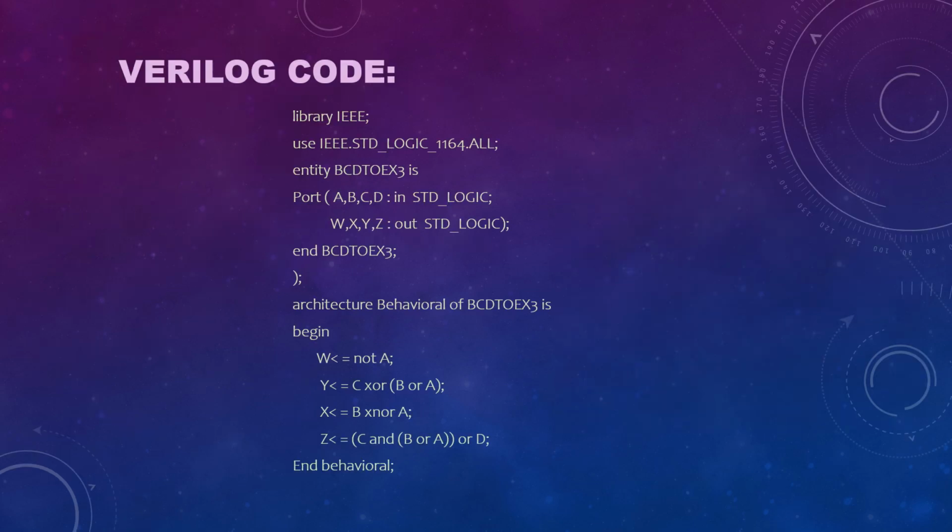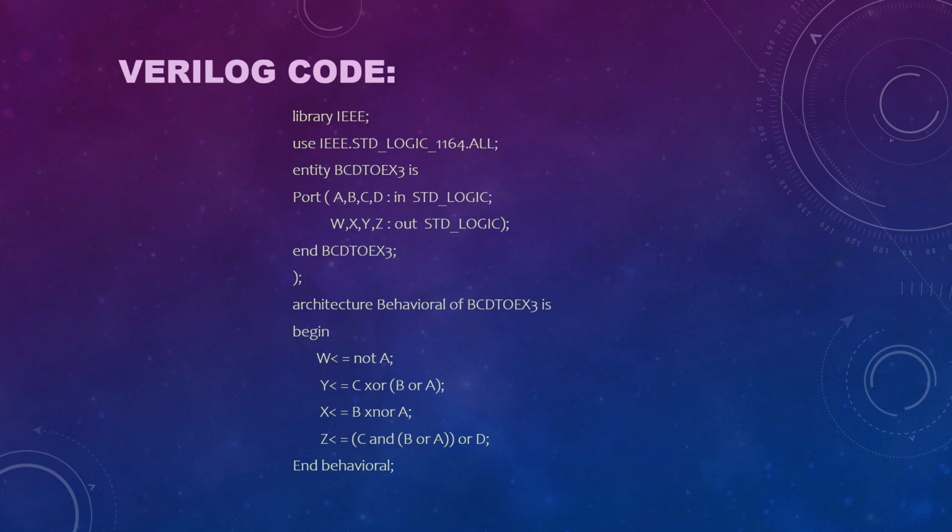So, the Verilog code. This code is in data flow model style. In the beginning, we declare the library, which is library IEEE. Firstly, we see the entity. In the entity, we declare which code we are implementing: BCD to XS3 code.